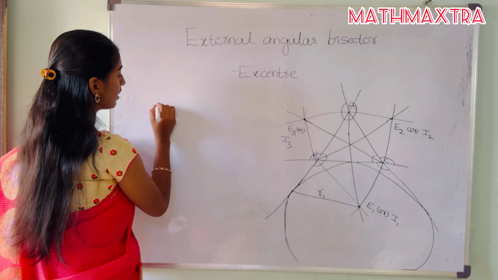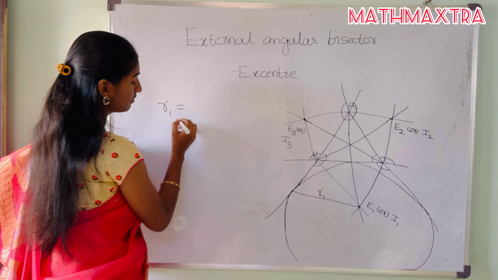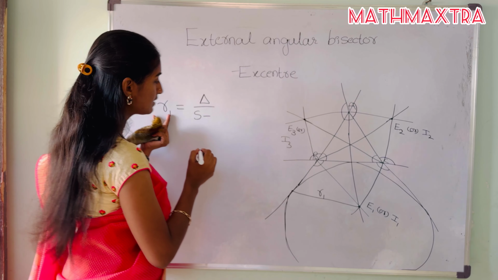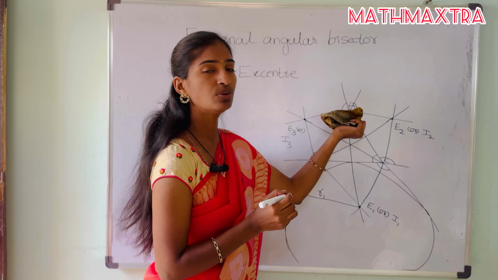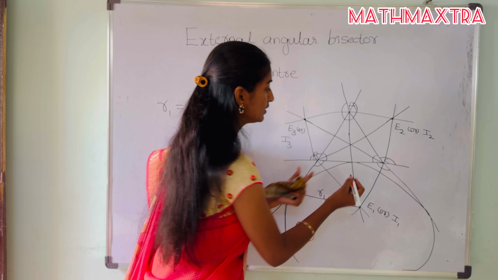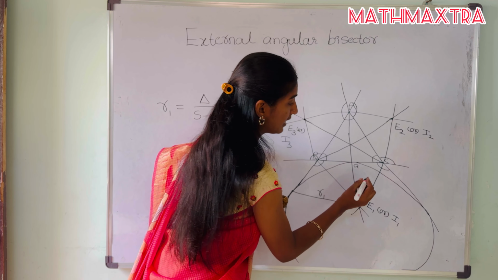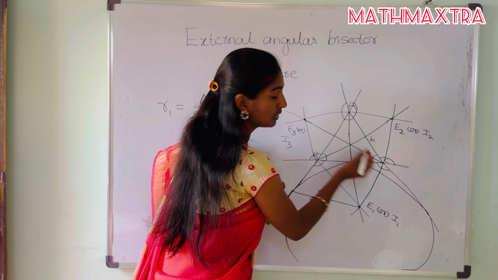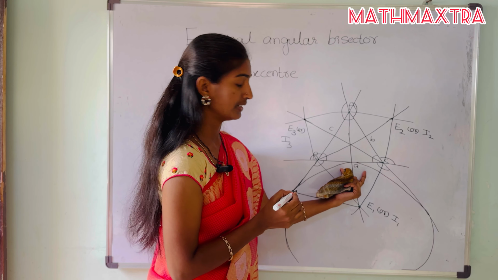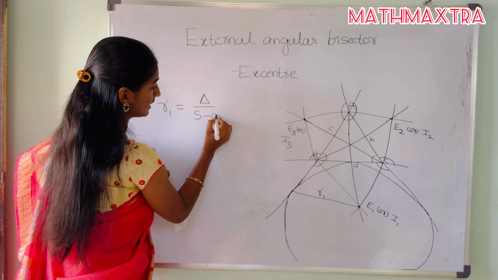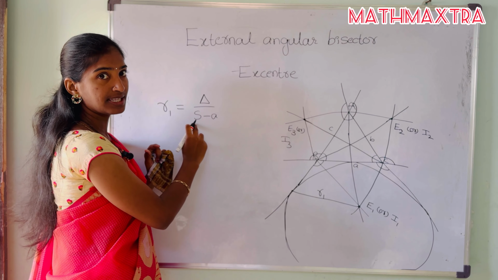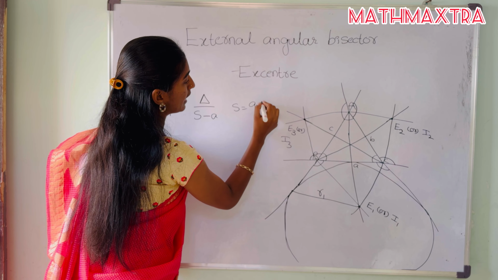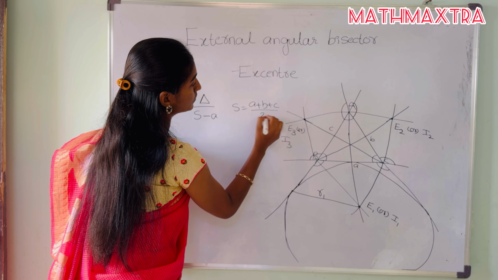So we have formulas for those exradii. R1 is nothing but delta by S minus the side opposite to this vertex. This side opposite to vertex A is small a, right? This side opposite to vertex B is small b. This side opposite to vertex C is small c. So delta by S minus a, where S is the semi-perimeter of a triangle, which is S equals a plus b plus c by 2.